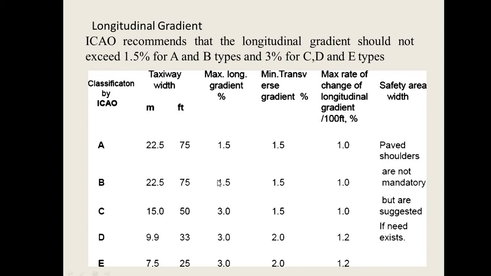So here we can see the taxiway width is 22.5 meter for A and B type, 15 meter for C, 9.9 meter for D and 7.5 meter for E. The maximum longitudinal gradient is kept as 1.5% for A and B and 3% for C, D and E. And the minimum transverse gradient is kept 1.5% for A, B, C and 2% for D and E.